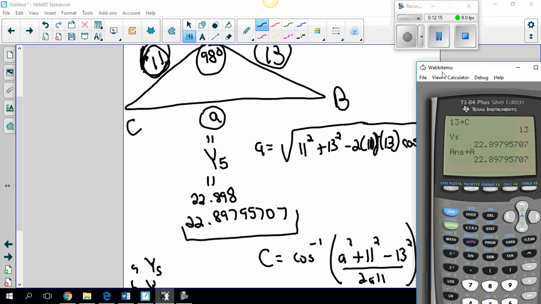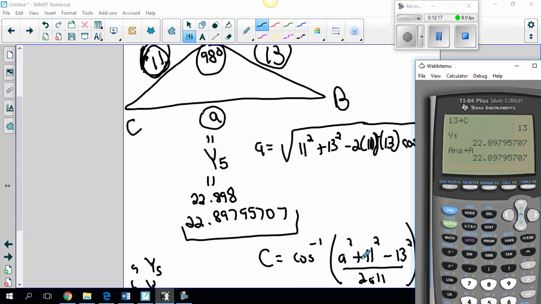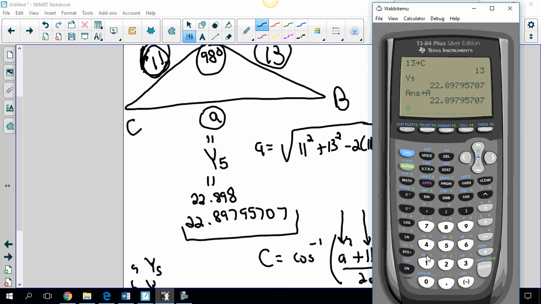Now we want to use what we stored, and we're going to find this angle right here. That was little b, so 11 store b, and maybe it's already stored, but 13 store alpha c.